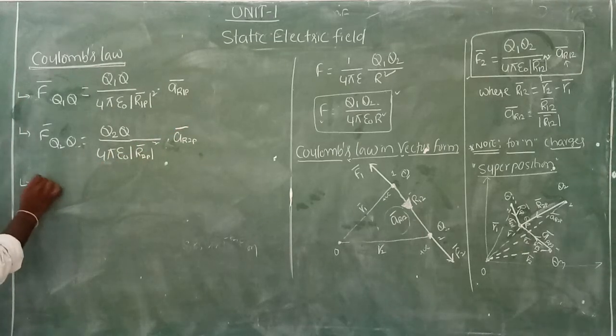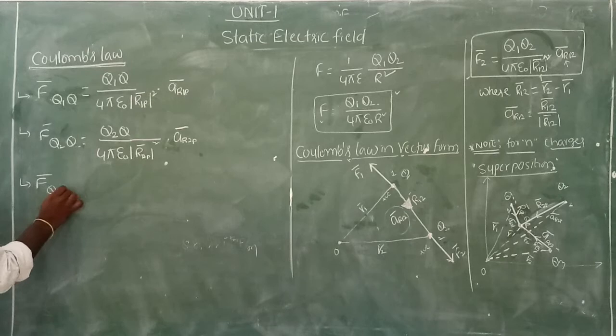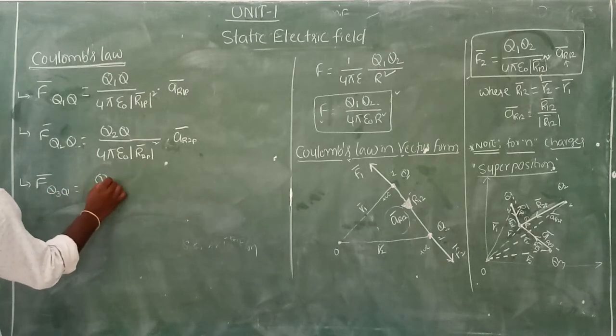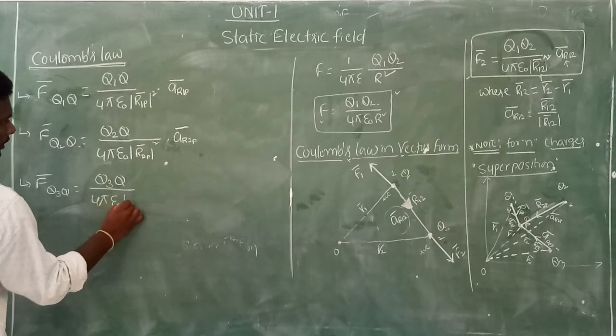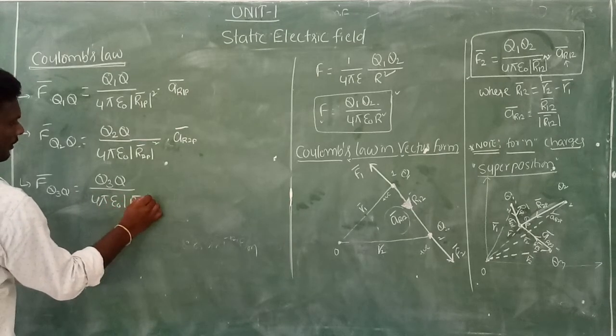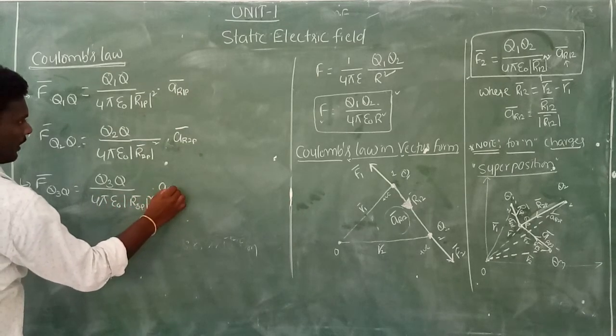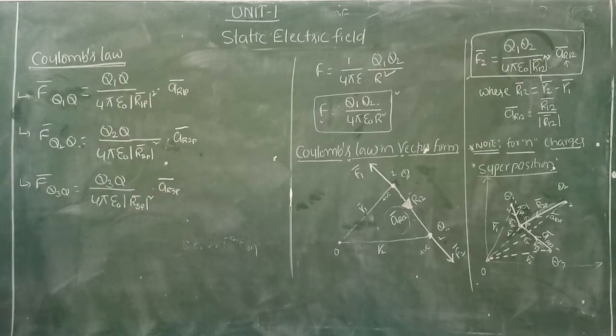Similarly, the final one is the force exerted on Q due to Q3, which is equal to Q3 Q by 4 pi epsilon naught magnitude of R3P whole square into a R3P bar. So now we have all the forces.